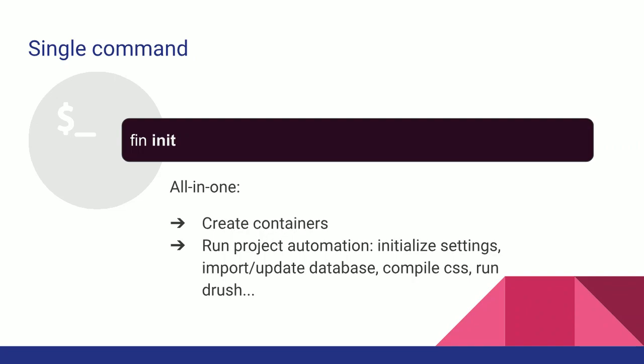This should be the only command that you run in order to create containers, initialize settings for the project, pull down the database, run database updates, clear caches. So anything that you would normally write into your wiki or readme instructions for the project, don't write it there. Write it in the script. So if it can be done manually in the console, it should probably be done in a script, so people don't have to do this manually.